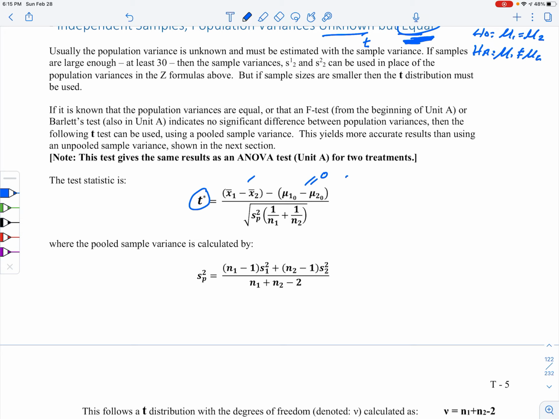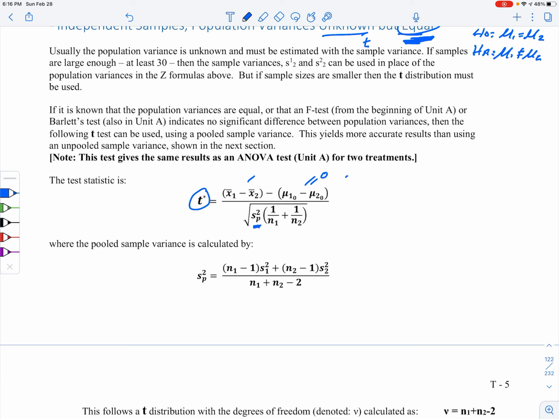And then what we've got down here is actually an SP squared. It's a pooled standard deviation. And if you take a look at that, that looks an awful lot like SSW over NT minus 1 times 1 over NA plus 1 over NB. Well, at least it does to me.